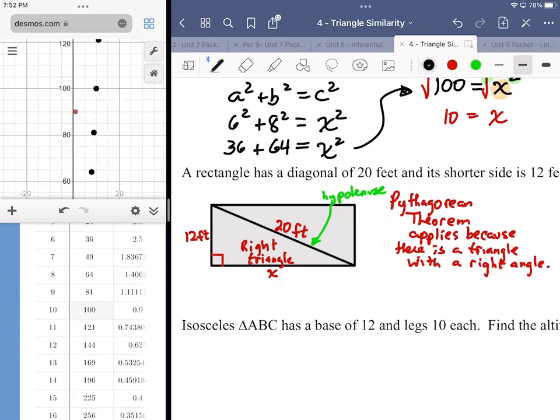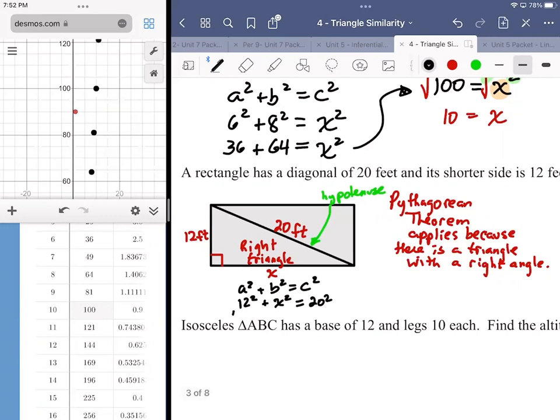If I'm looking at A squared plus B squared is equal to C squared, I can write this as 12 squared plus X squared is equal to 20 squared. So that's 144 plus X squared is equal to 400. All right, so we're going to do a little bit of algebra here.